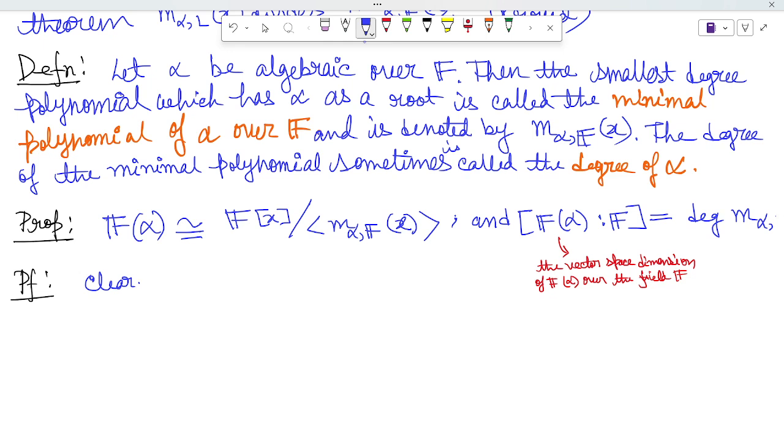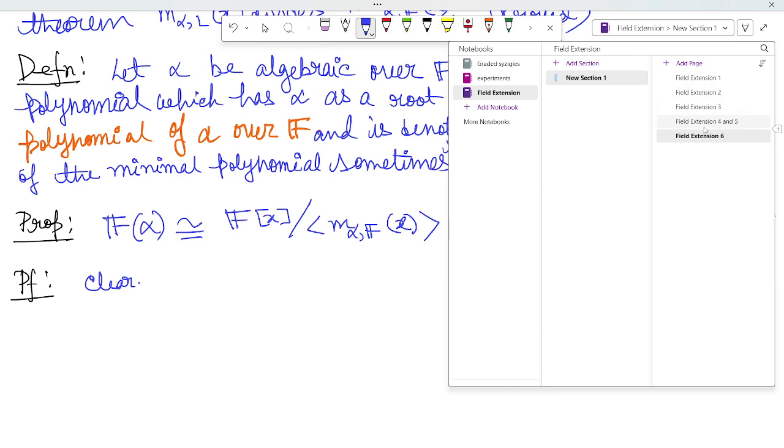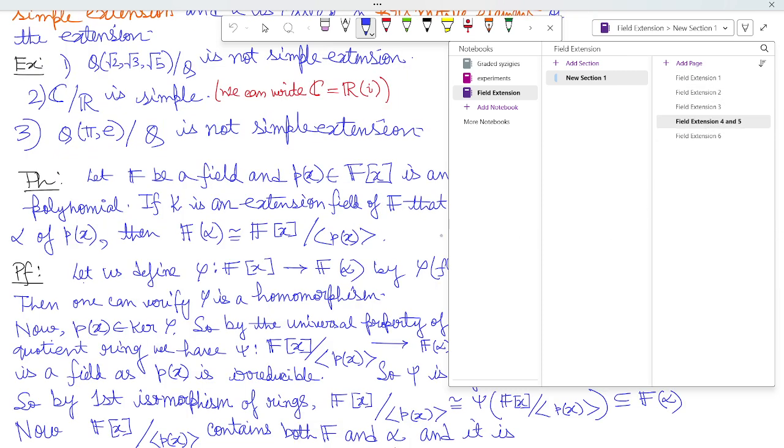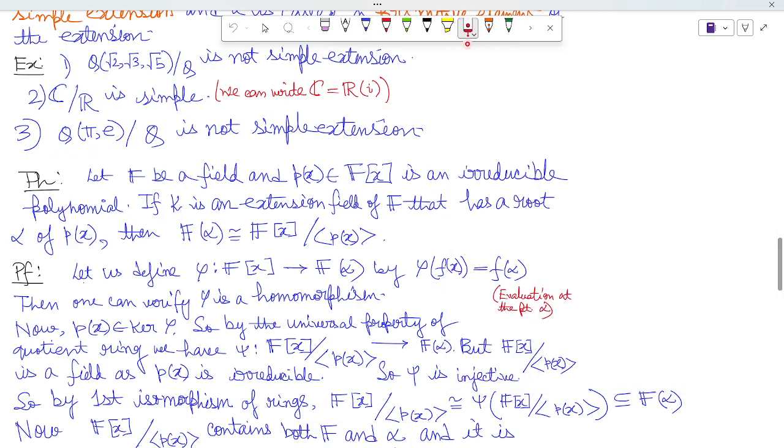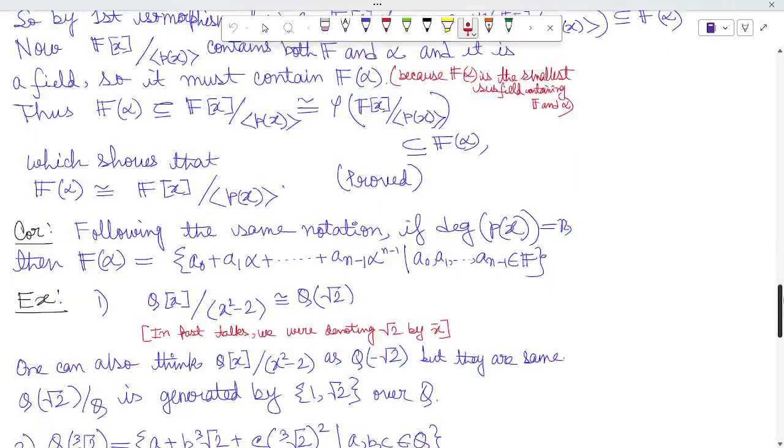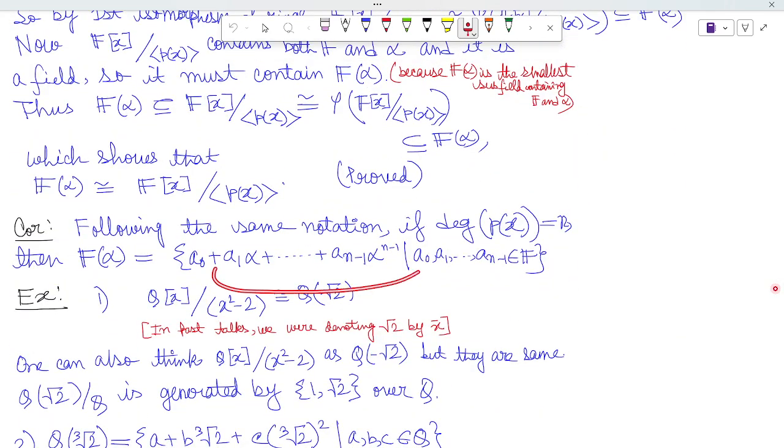And why are the degrees equal? That also follows from there. If this was of degree n, then that will go up to n minus 1.